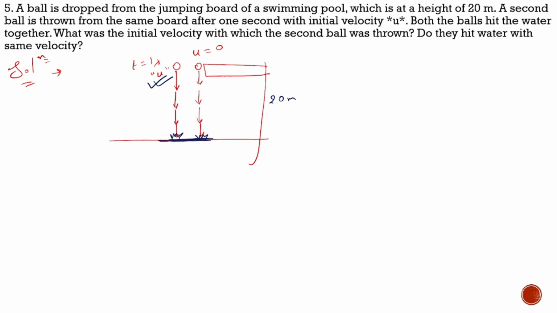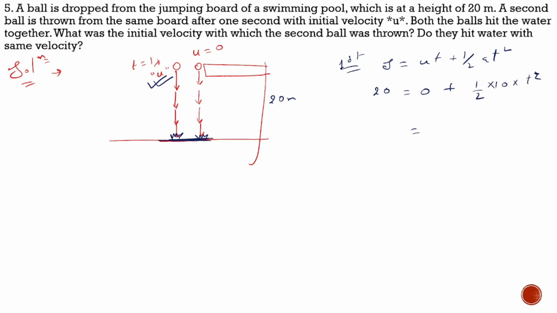Okay, let us solve it for the first ball. Distance is equal to ut plus half at square, from the second equation of motion. S is equal to 20 and u was 0, so this term will become 0. Half into a, this is a free falling body, so let us take it as 10, and t square.